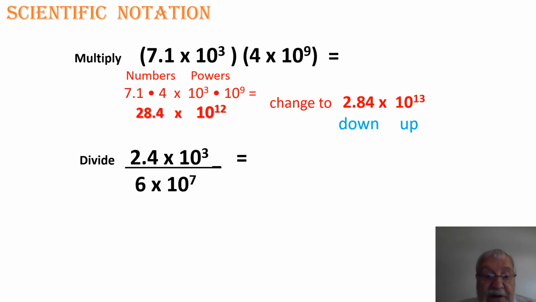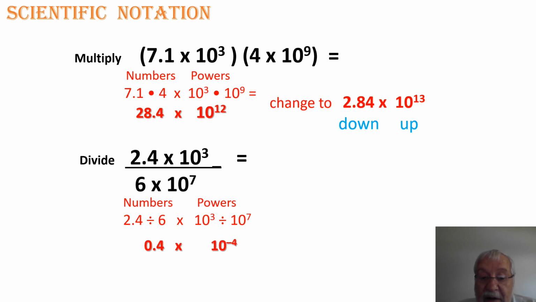All right, so now let's look at a division problem. In this case, I'm going to take the mantissa, 2.4, and divide it by 6, and then I'm going to take 10 to the 3rd power and divide it by 10 to the 7th power. Now, when you take 6 into 24, you get 4, so 6 into 2.4 will be 0.4.